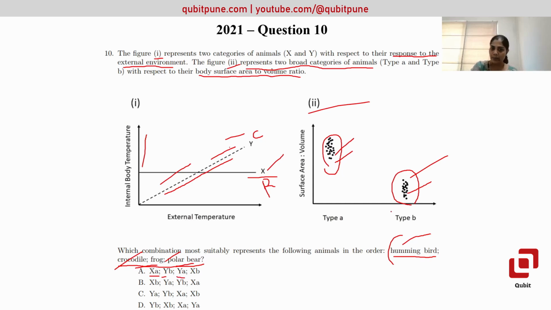And then the polar bear, which is again the regulator kind of organism, and it has a larger surface area. So XB is again correct.